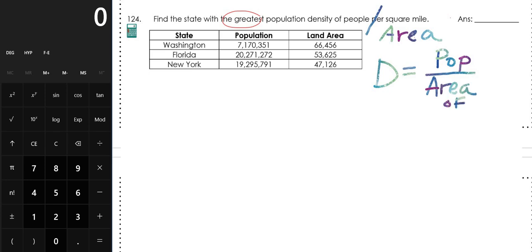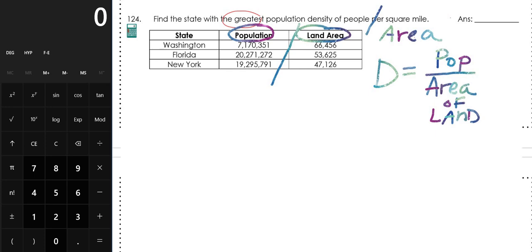So area of land. Okay, so notice for each state, they gave you the population and they gave you the land area. All you have to do is divide. So we're going to grab our calculator. We're going to divide each one and see which one gives us the greatest population density.